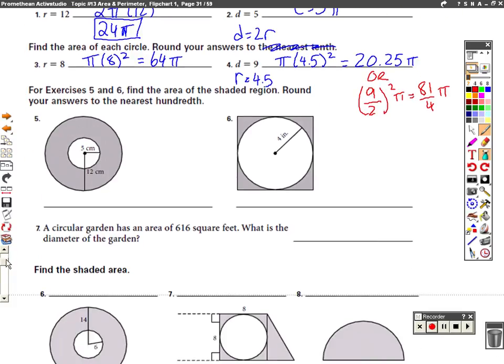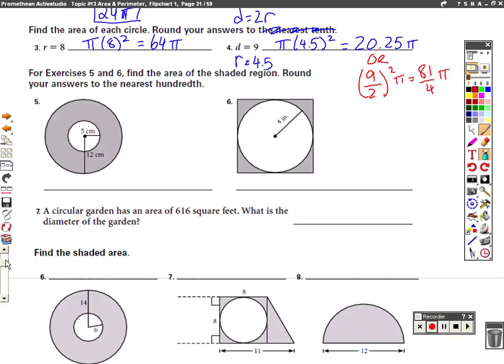All right, number 5. We're looking at a circle, but we want the area of just the shaded region. And when I see this, I see a big circle minus a little circle. So we've got the big circle area. We need to find that circle. And that's going to be pi times that radius, which is 12 squared, which is the same thing as 144 pi.